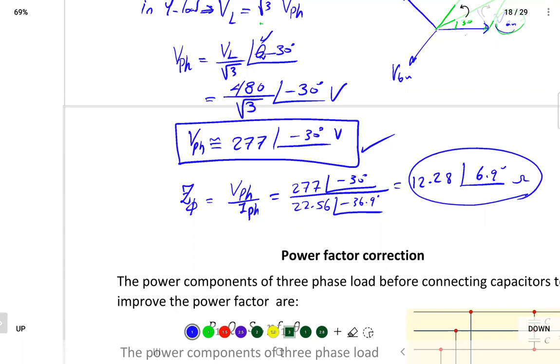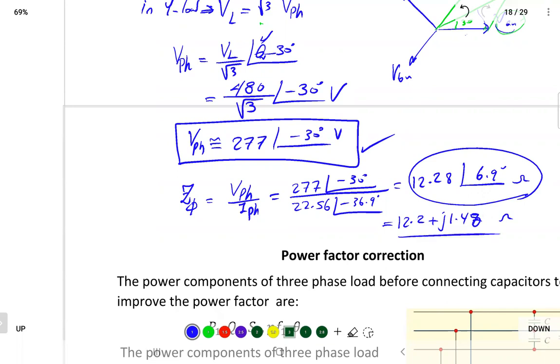Always convert this to Cartesian complex form. So I will say that's 12.28 at an angle of positive 6.9. I get the answer 12.2 plus j1.47 ohm.